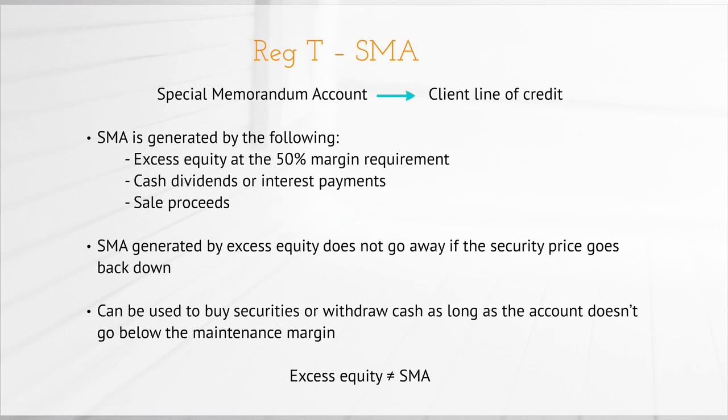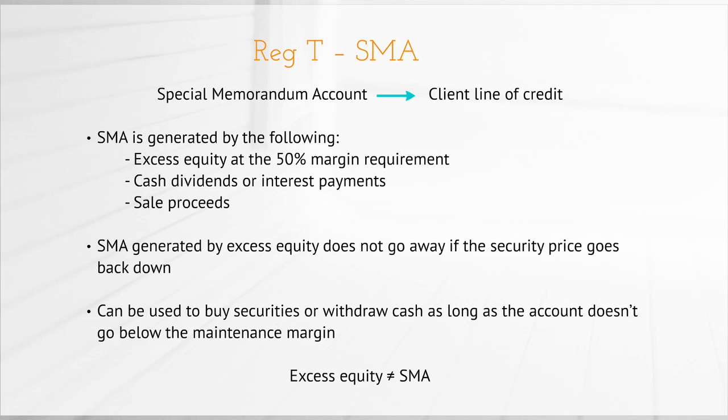SMA is a special memorandum account, which is to say a client line of credit from the broker-dealer. It's generated by either cash dividends or interest payments, sale proceeds, or by excess equity above the 50% margin requirement. Now, excess equity can move up and down, but when it moves up, you get to keep the amount of SMA that's generated by that excess equity.